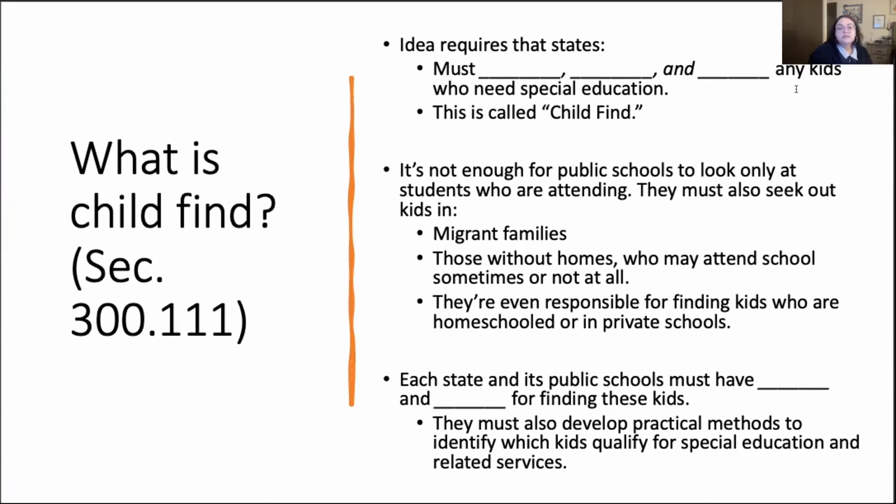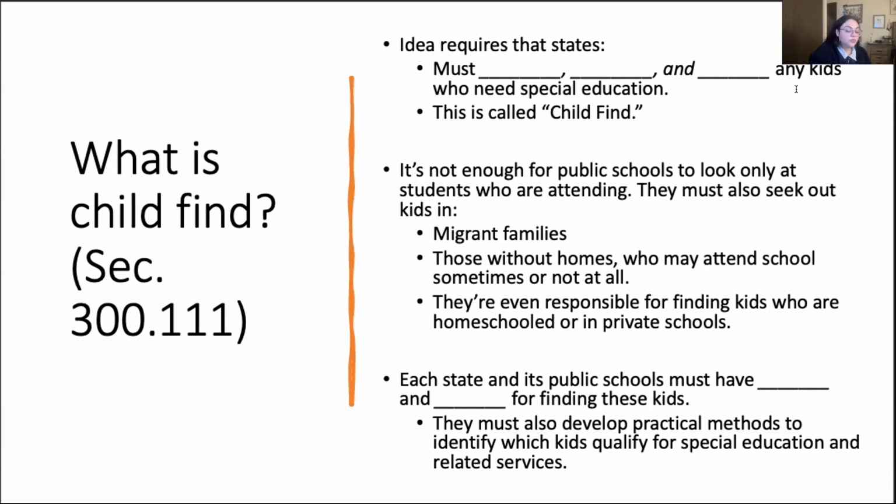It is not simply enough for schools to only look at students who are attending their schools. They also have to look and seek out students who are in migrant families, who are homeless or without homes, who may attend school like 3 days a month, or are technically on the roster but never came.